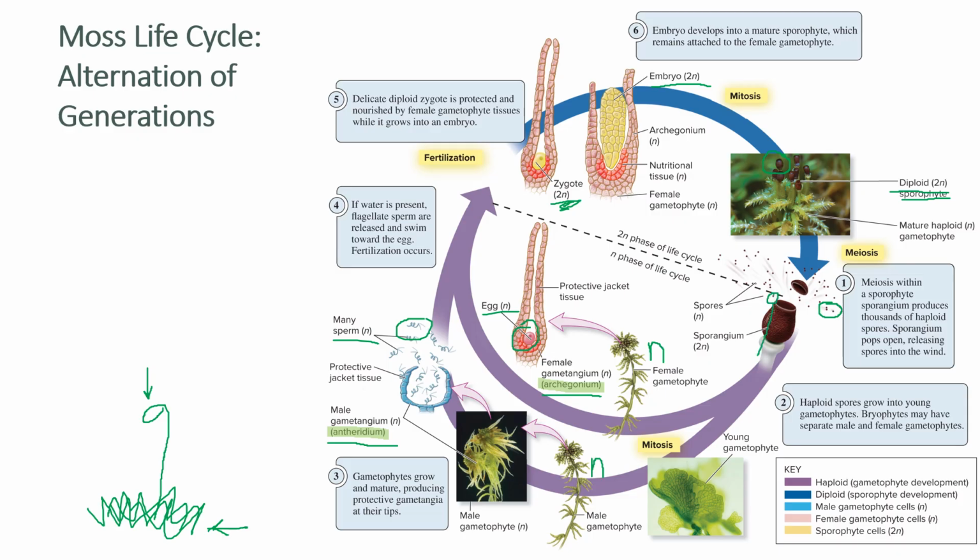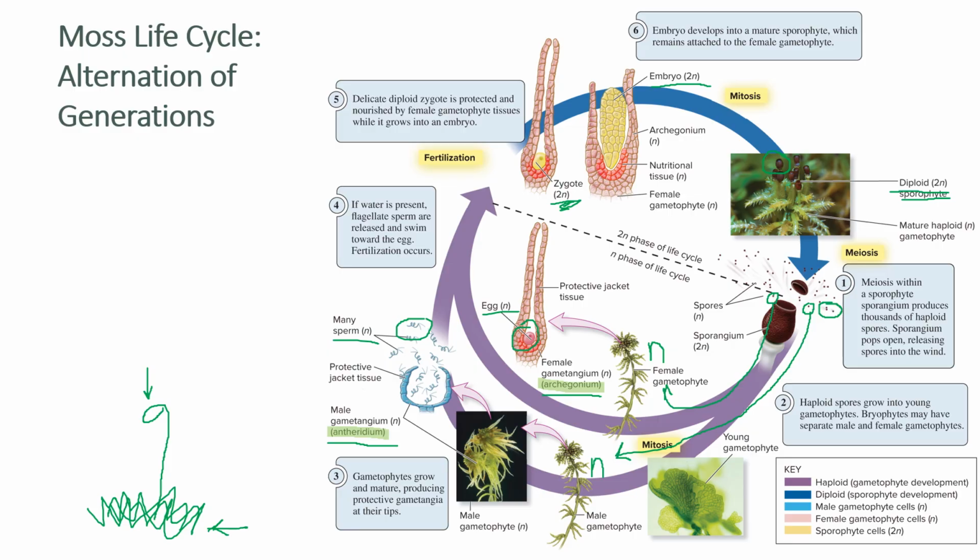It's going to grow into a female gametophyte. And one of these little spores over here, maybe from another plant, grows into the male gametophyte. And then we start this all over.